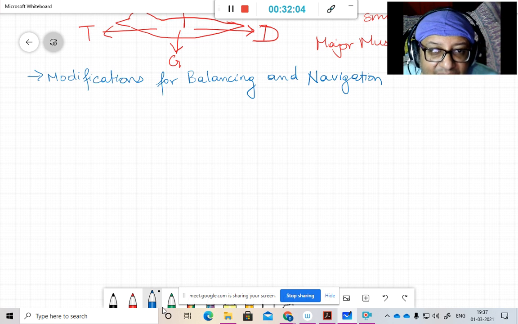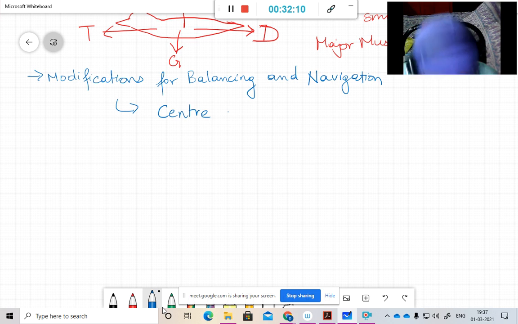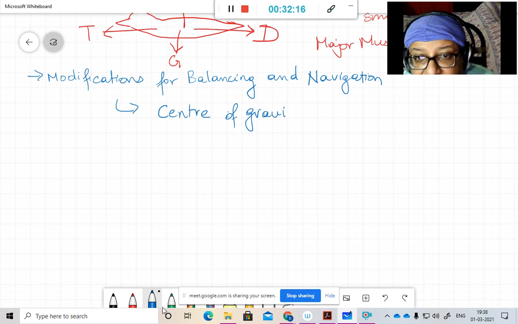So it is very important where the center of gravity remains.